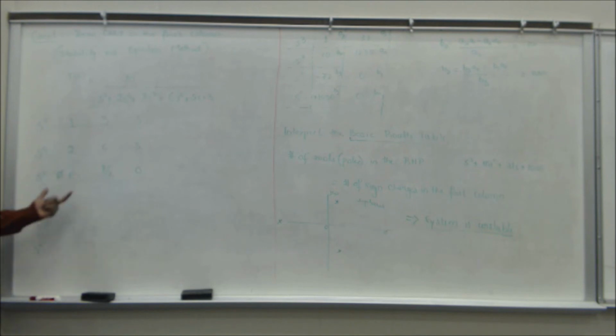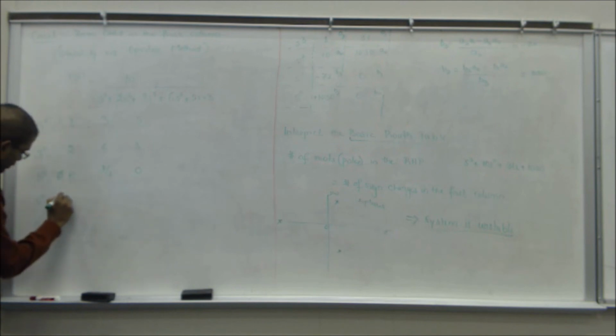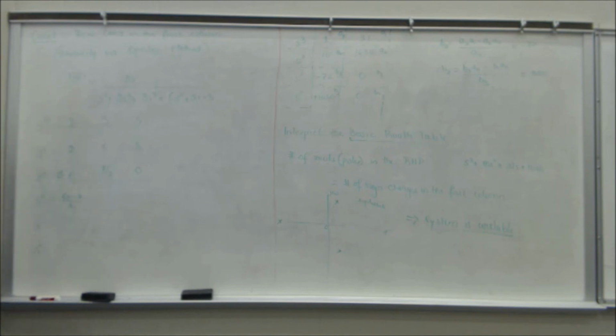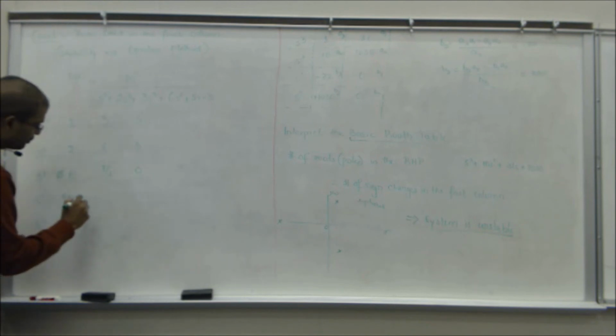So now you're going to get 6 epsilon minus 7 divided by epsilon. What would this be?